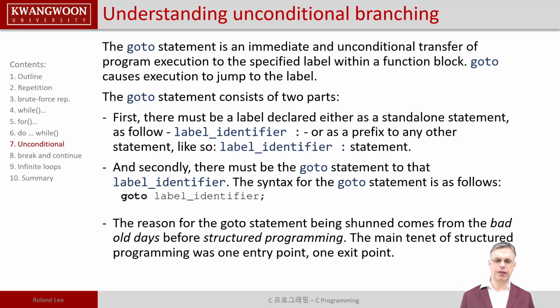The goto statement consists of two parts. First of all, there must be a label declared either as a standalone statement as follows: label_identifier, or as a prefix to any other statement like label_identifier, and you see the colon added to the statement.